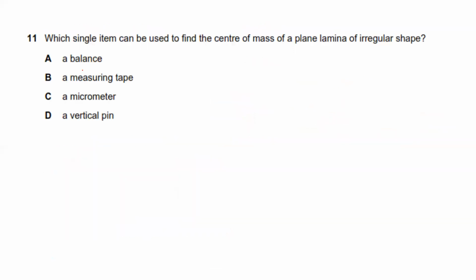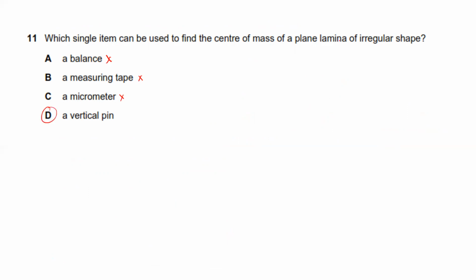Then question number 11, it says which single item can be used to find the center of mass of a plane lamina of irregular shape. Okay, first, a balance, no. A measuring tape is not used, a micrometer is not used, a vertical pin, yes.